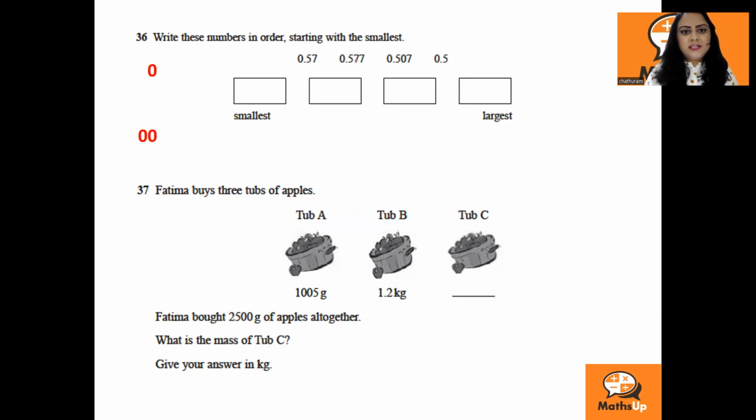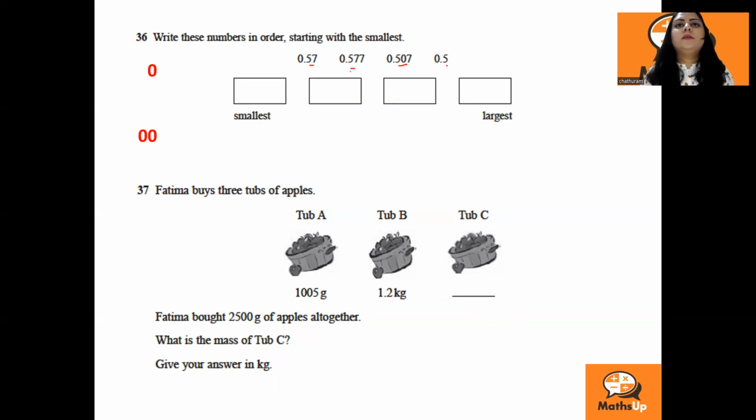Now, if you see the first number, that is 0.57, it has only 2 decimal places. And the next one, 0.577, it has 3 decimal places. Third number, 0.507, it also has 3 decimal places. And the last one, 0.5, only one decimal place.